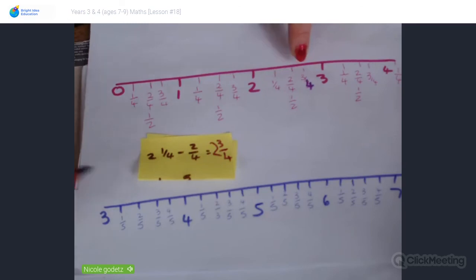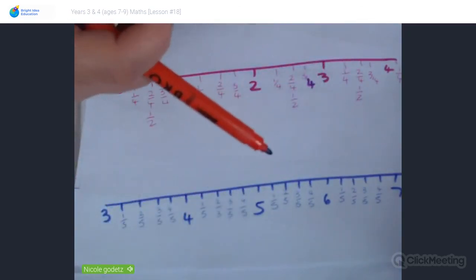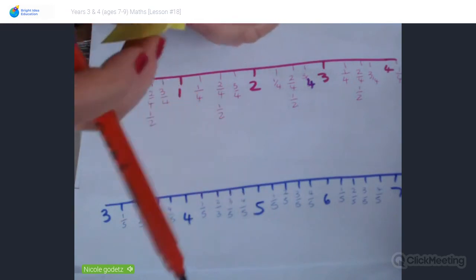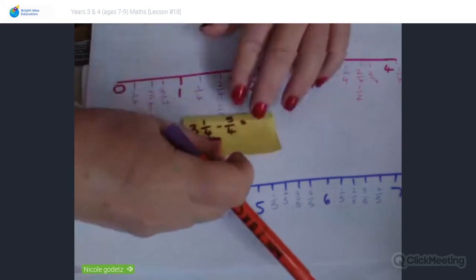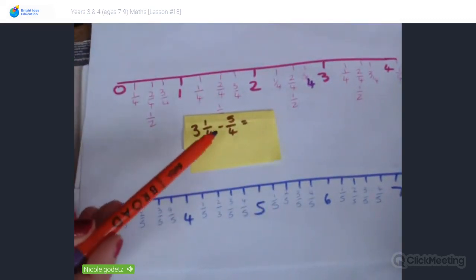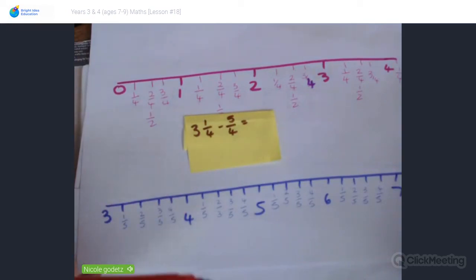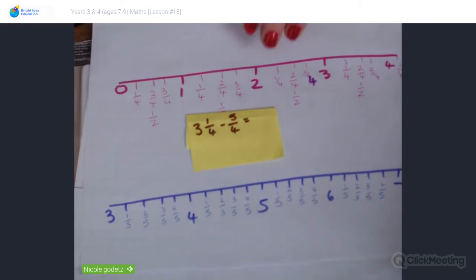Let's have a look at this one. This is where we were getting a little bit confused when we had mixed numbers and we were crossing that whole number. That's why I put the number line here. So we've got 3 1/4, take away 5/4. Looking at the number line, can you do that for me?